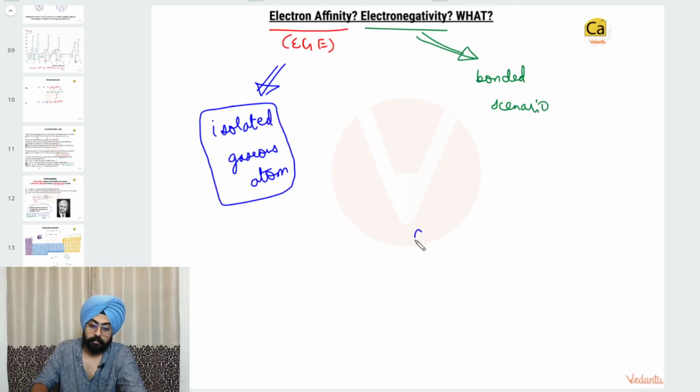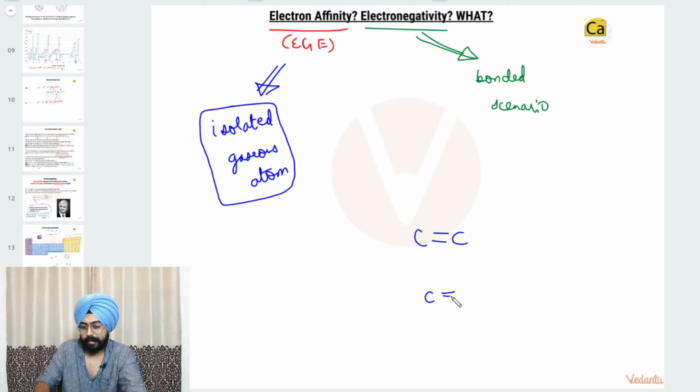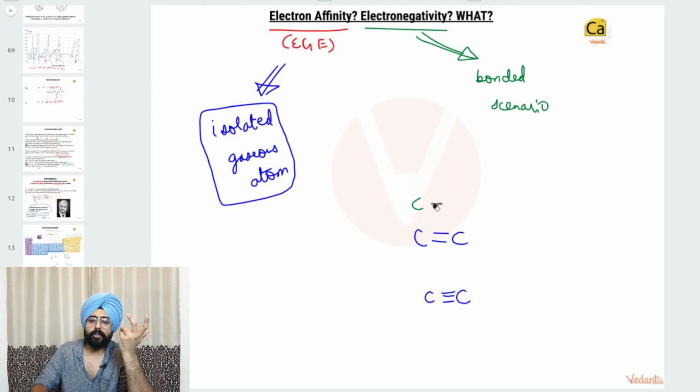So when carbon forms double bonds, it has a different electronegativity. When carbon has triple bonds, it has a different electronegativity. Just giving you an idea that a singly bonded carbon has the least amount of electronegativity. A triply bonded carbon has the most amount of electronegativity. What's the reason? We'll talk about it in chemical bonding. Maybe not even in chemical bonding.